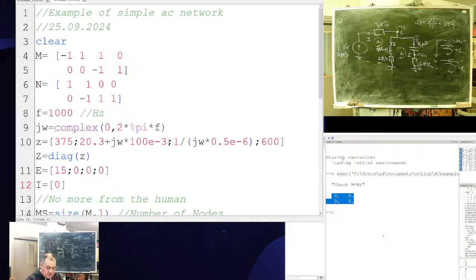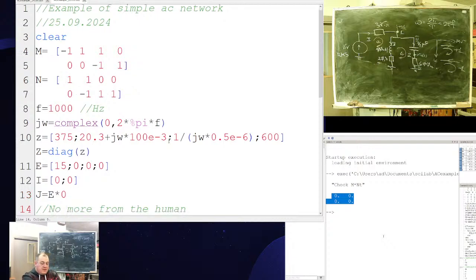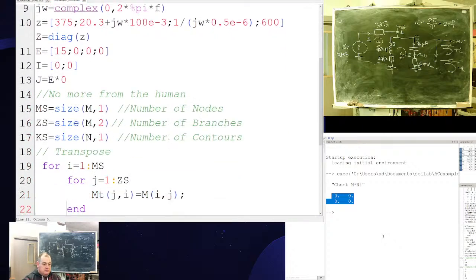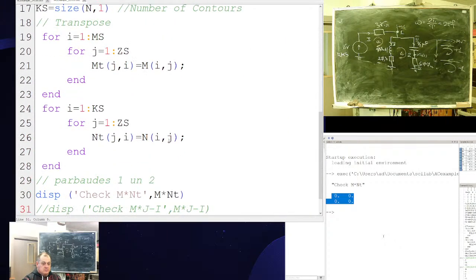Simple. 0, 0. And for E I can use as a plug E multiplied by 0. Fine. These are just to fill them. I can leave this one, it will produce simple 0.